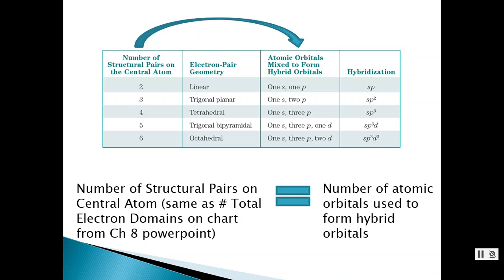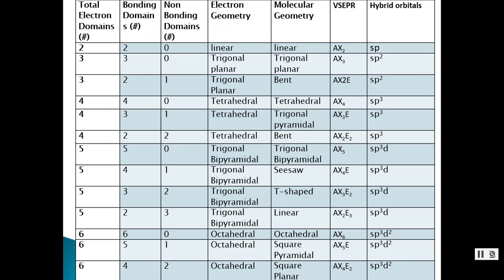And I've tried to take this slide, as well as the previous slide, along with the chart that I gave you in Chapter 8, to summarize. I know this is pretty busy, but everything should look familiar to you, hopefully, except for this last column.